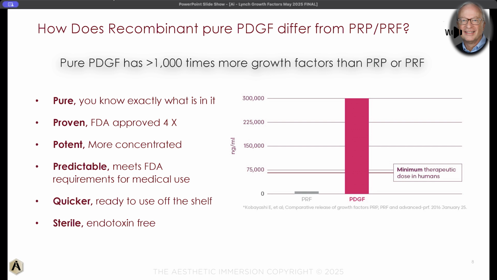Not to my knowledge, not with PDGF that's in either Ariessence or any of the other 4 FDA-approved products. And there's a good reason for that, Lori. It gets a little complicated, but let me try to break it down for you.